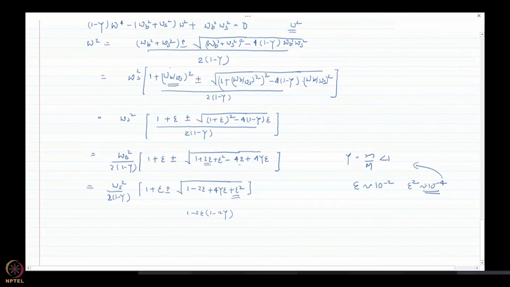Okay. Now we have to simplify this. We know that if I have something like 1 plus x to the power n, a polynomial expansion of this, if x is a very small quantity, can be written as 1 plus nx if x is very, very small, right?